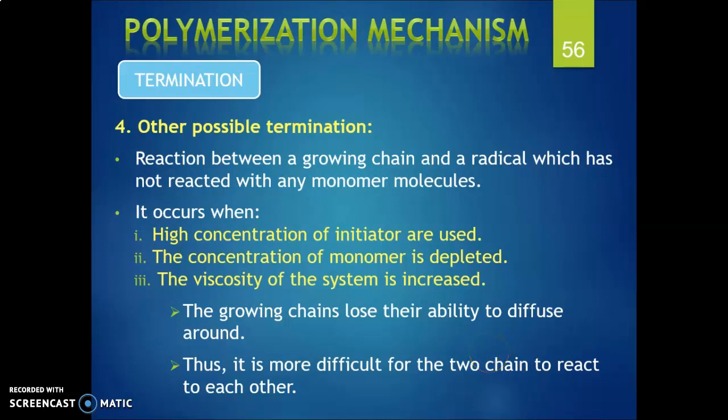The concentration of monomer is depleted and the viscosity of the system is increased. So the growing chains lose their ability to diffuse around, and thus it is more difficult for the two chains to react with each other. So the other possible termination involves the concentration of initiator, monomer, and also the viscosity.